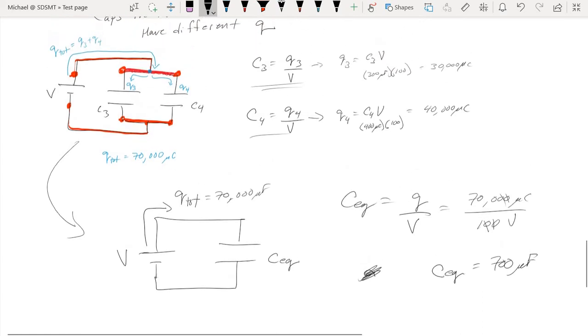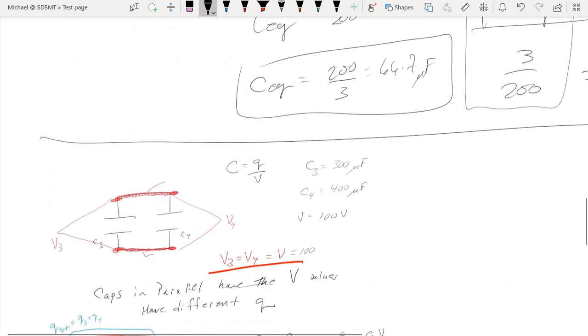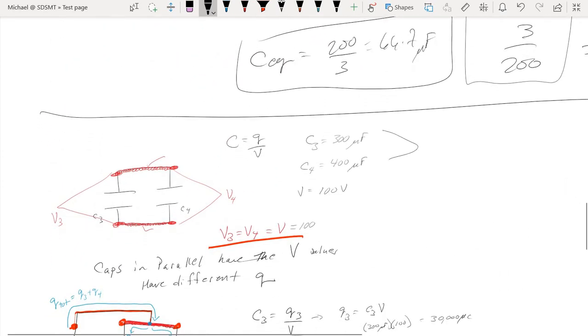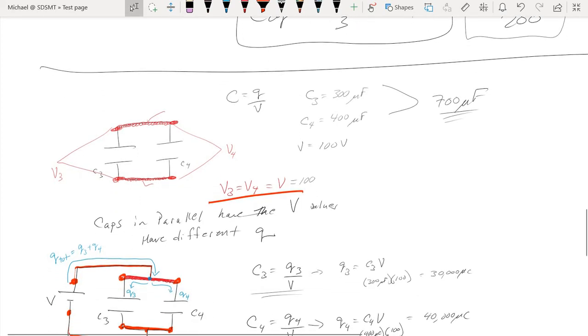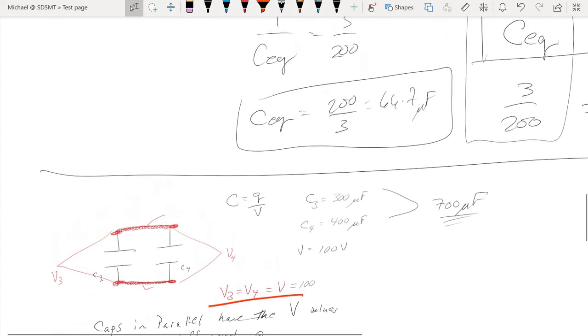So, can you think of any way that you might combine capacitors 3 and 4 to make 700? And you're like, oh, I don't know. What if we try adding them? Good job. There we go. But that's way easy. We can see that relationship.